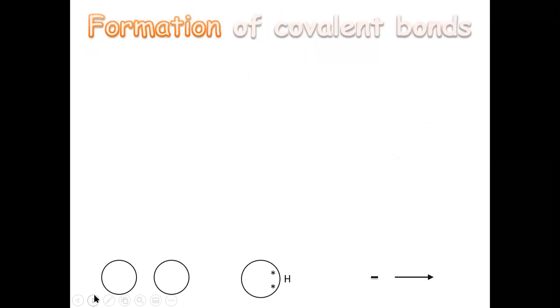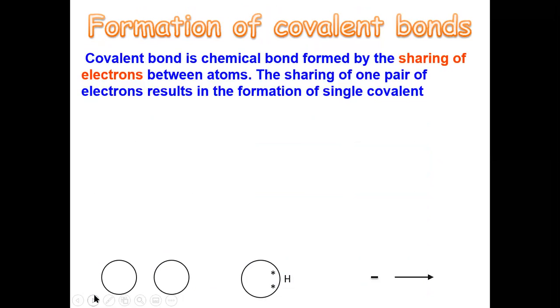Now we will discuss the formation of covalent bonds. A covalent bond is a chemical bond formed by the sharing of electrons between atoms. The sharing of one pair of electrons results in the formation of a single covalent bond.